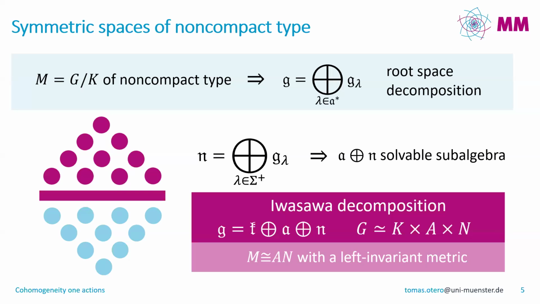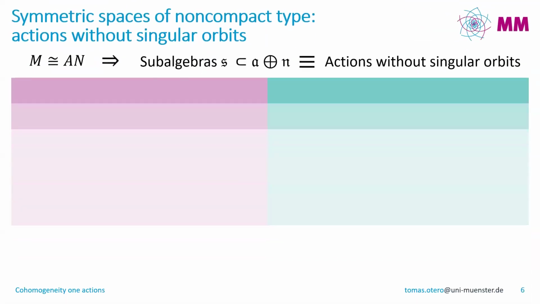And this already gives us the first easy way to construct isometric actions on a symmetric space of noncompact type. Since we have this identification here, we can think about subgroups or subalgebras of this group AN, or the corresponding algebra a plus n, as actions, which precisely because this has no isotropy, gives us actions without singular orbits.